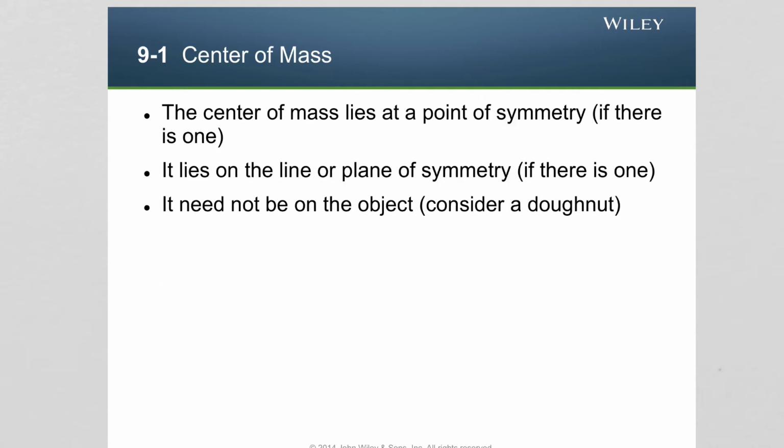Some considerations about the symmetry of an object and the position of the center of mass. First, the center of mass lies at a point of symmetry if there is one. So, for example, for a straight line, a point of symmetry will be the middle of the line. So that will be the position of the center of mass.